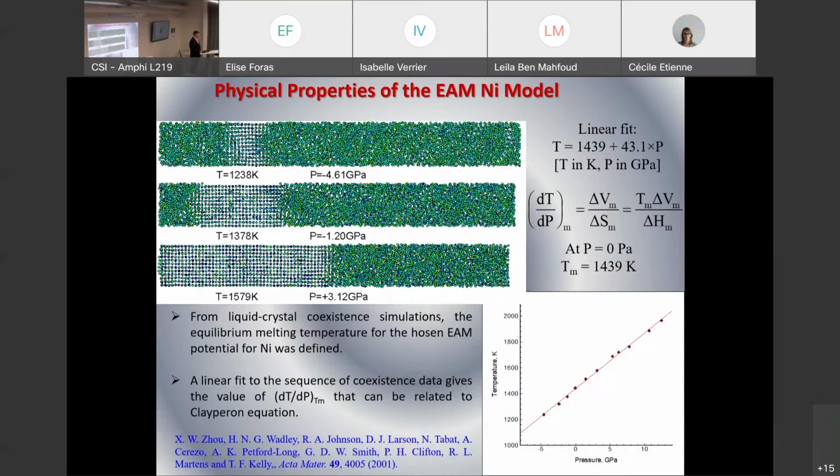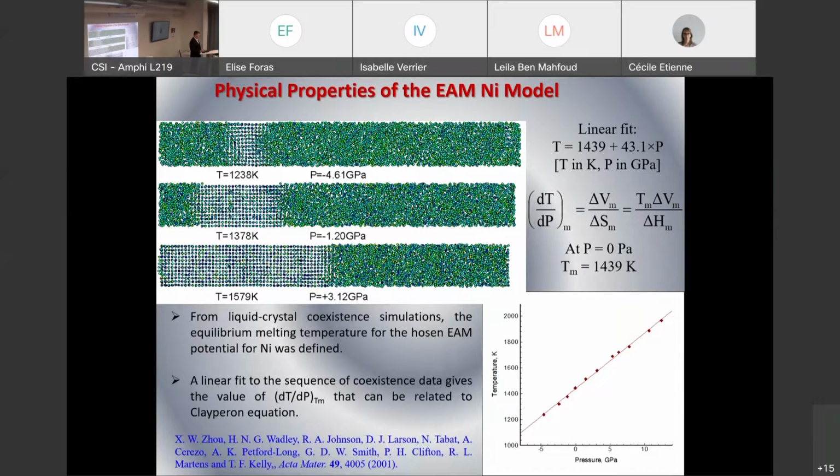The melting point can be defined in a sequence of liquid-crystal coexistence simulations at equilibrium. Liquid-crystal coexistence is necessary because it removes the nucleation barrier. For example, if at equilibrium this part of the crystal, infinitely long, coexists with this part of the liquid, then we can make sure that its temperature is the equilibrium melting temperature at this particular pressure.